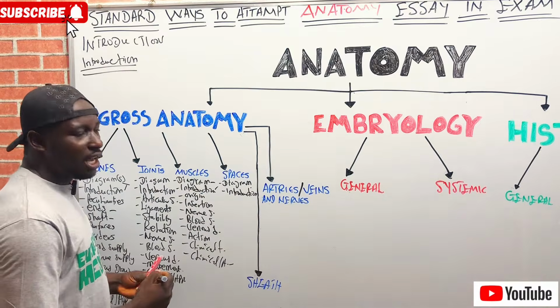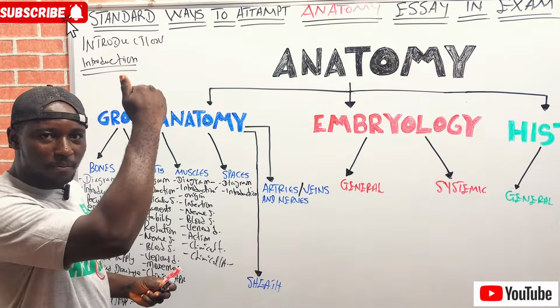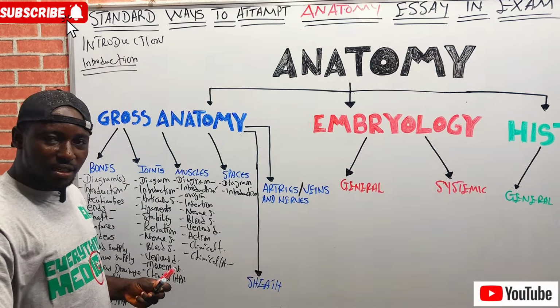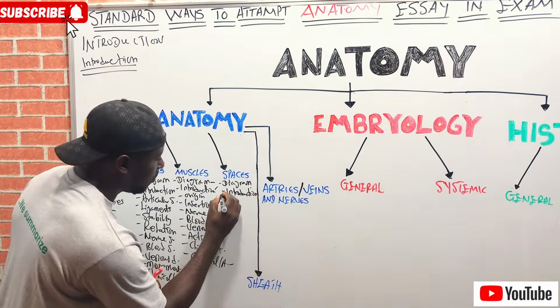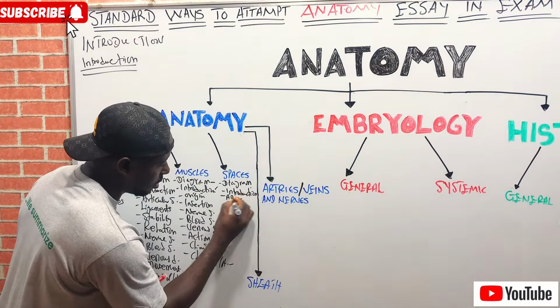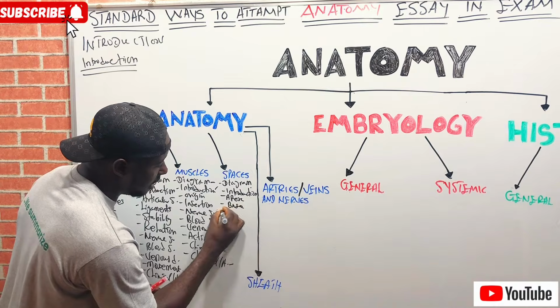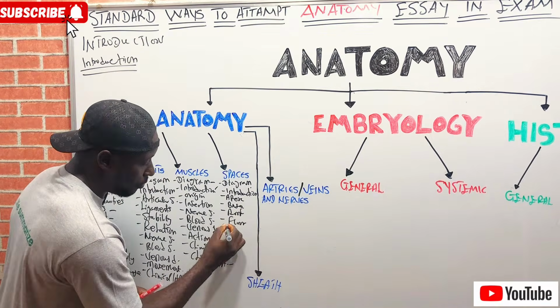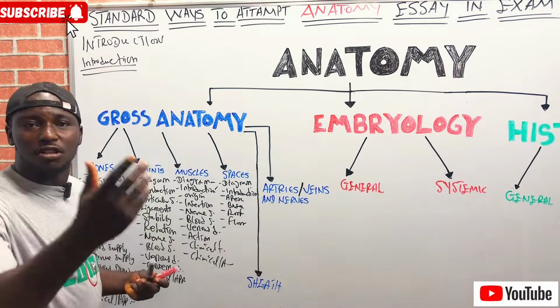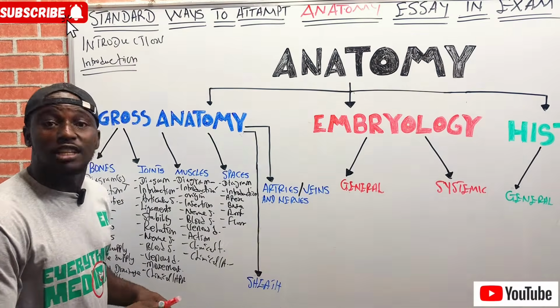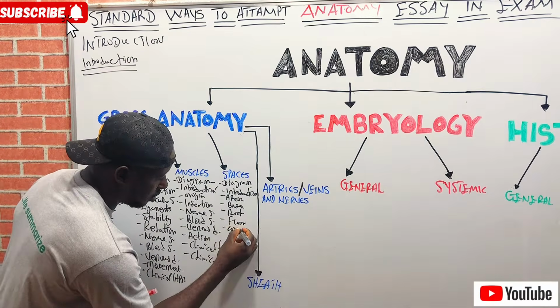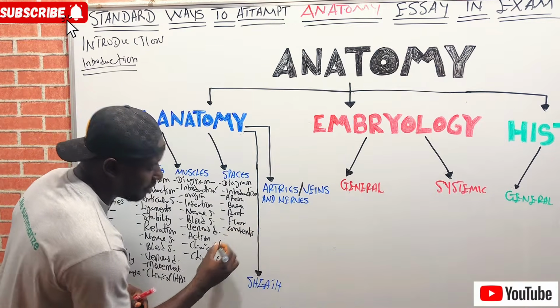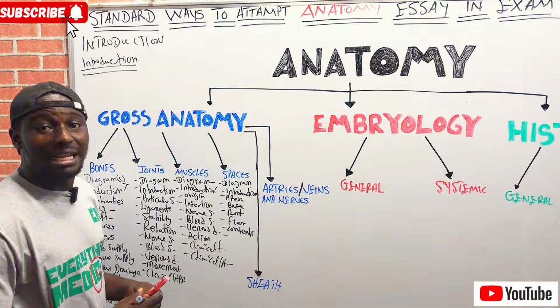Since it's a space, it must have an apex, a base, a roof and a floor. A space must have contents. Space will also have boundary.